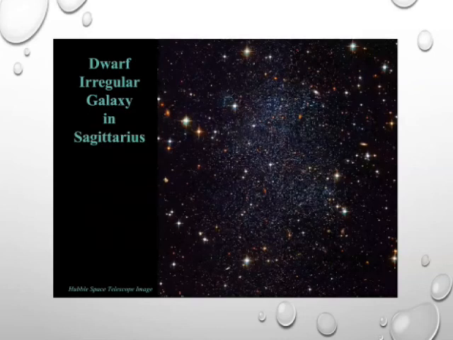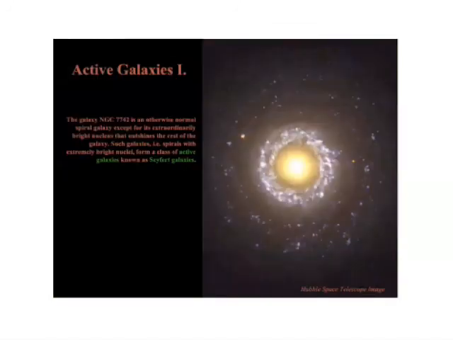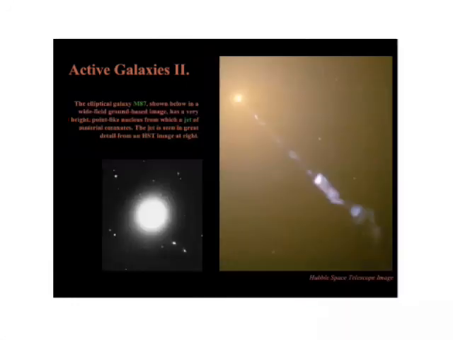This is a dwarf irregular galaxy in Sagittarius, and look at this beautiful picture of this disrupted galaxy called NGC 5128. These are active galaxies. This is NGC 7742, otherwise called a normal spiral galaxy.